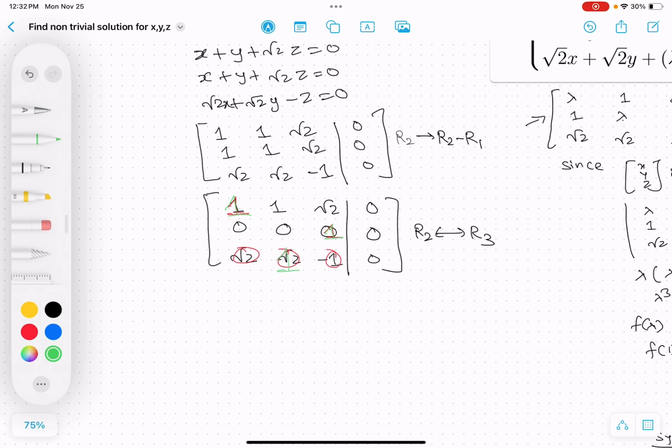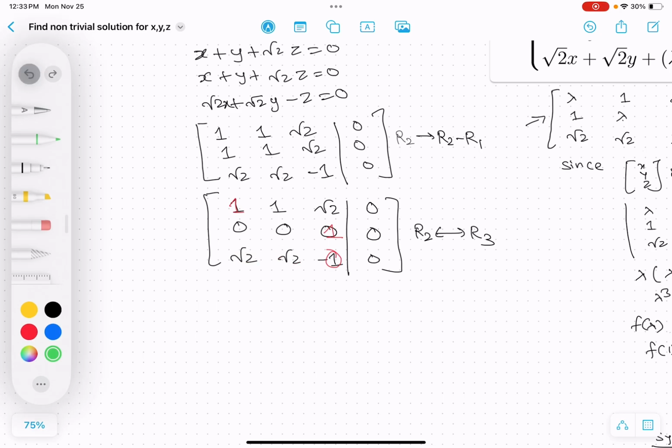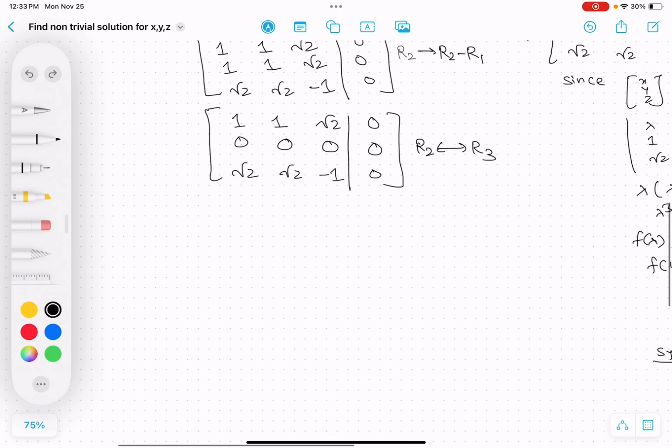The 1s should form a kind of ladder, where you go either to the right or down. You cannot come forward. That's just a notion of reduced row echelon form, it doesn't have any deeper mathematical meaning, but it does make things easy. So let's swap row 2 and row 3.